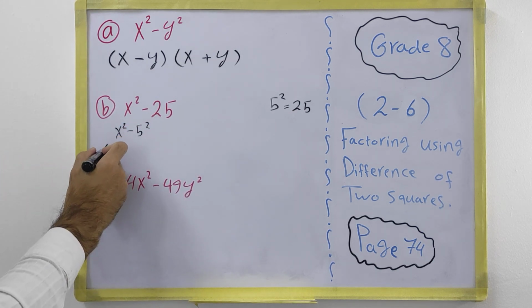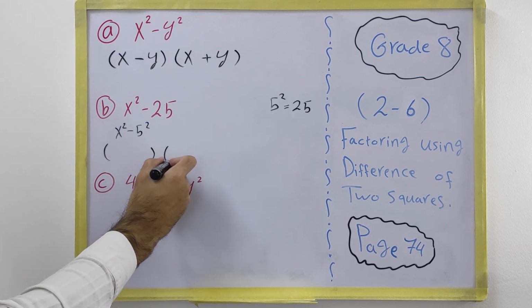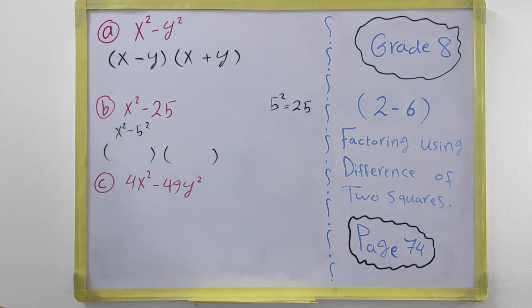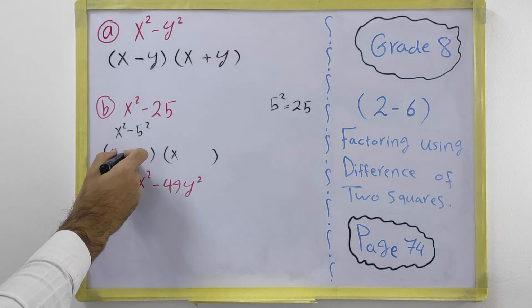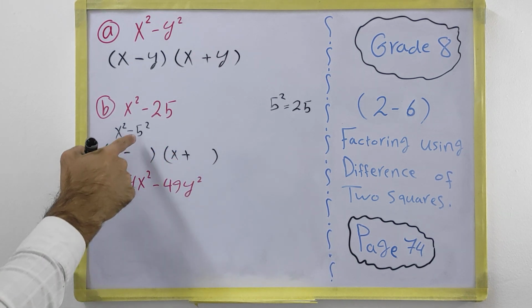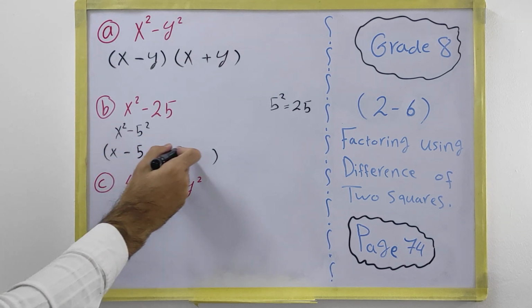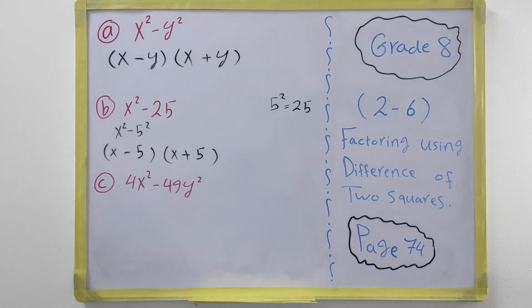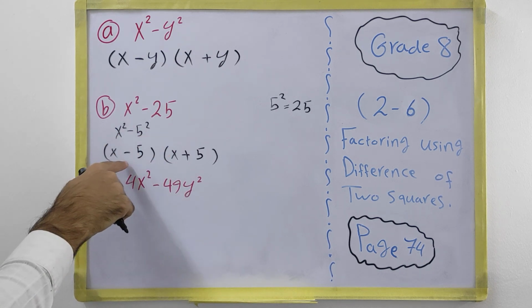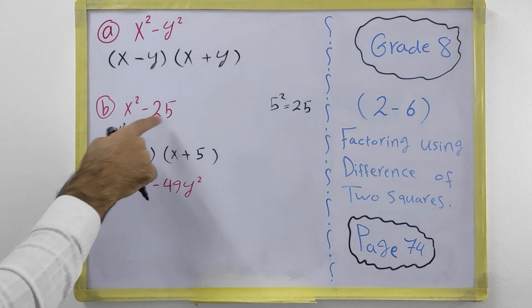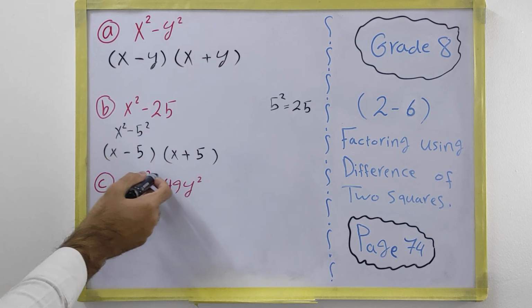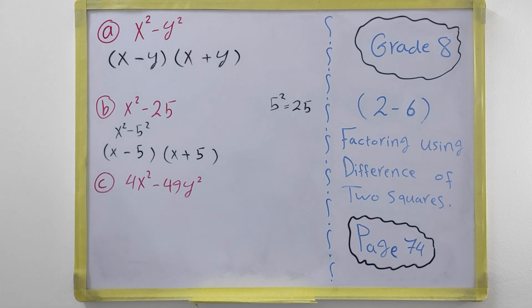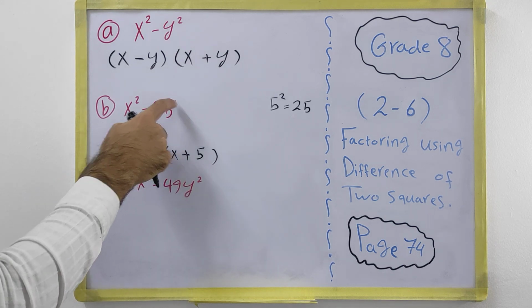So we say the same thing. We open two brackets, x minus, plus 5. Then if you want to check, you can multiply this bracket by this one, x multiply x, x multiply by positive 5, then negative 5 multiply x, negative 5 multiply positive 5, you will get the same result as we have.